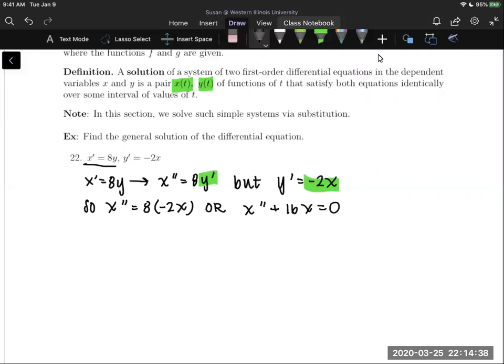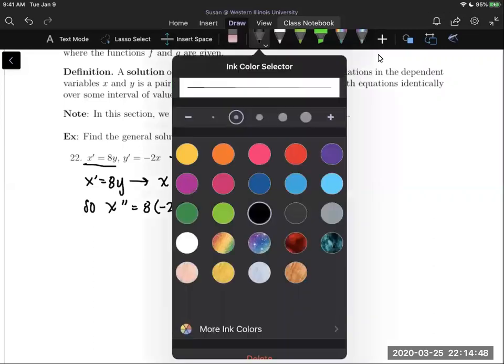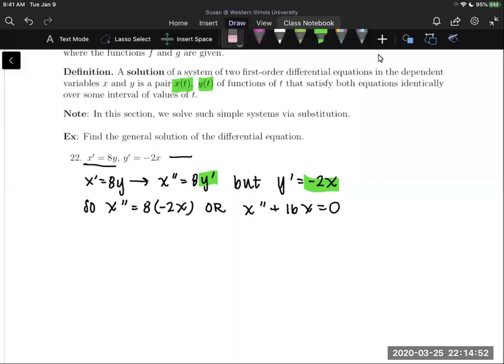And so what I've done is I've reduced this from a system of two differential equations to a single second order DE. So again, just to call your attention to this, this is a set of two first order DEs.